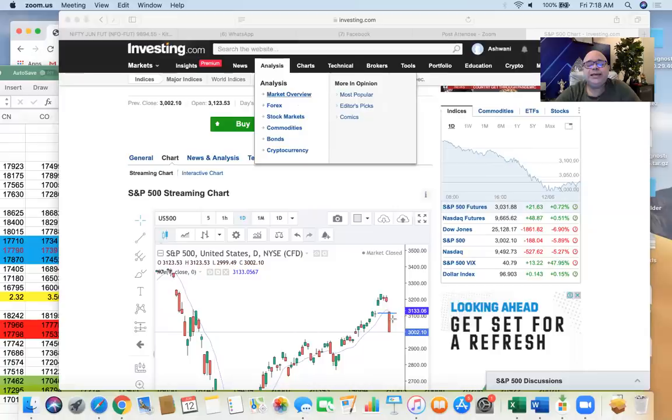Each day I keep putting my buy stops lower and lower and lower on the S&P 500, and then on the second hit, like here, this was the first signal. Okay, this is the second signal.